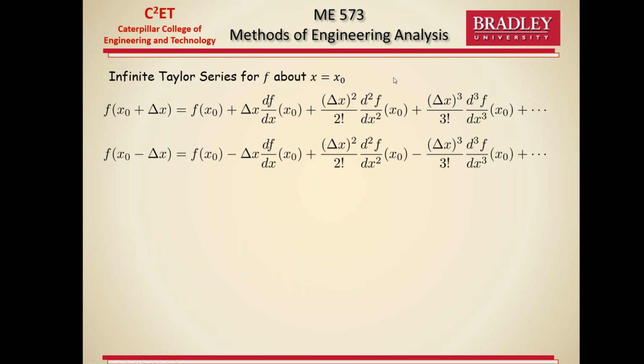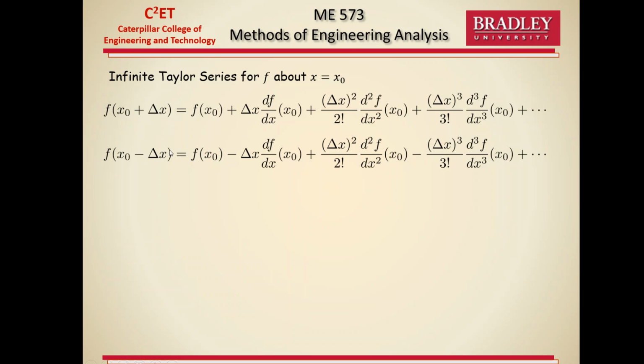Look at the next expression underneath, and you'll notice the only difference is that instead of x plus delta x, I've evaluated the function at x0 minus delta x. Now this doesn't change the generality or validity of the Taylor series. There's nothing different about adding a negative value.